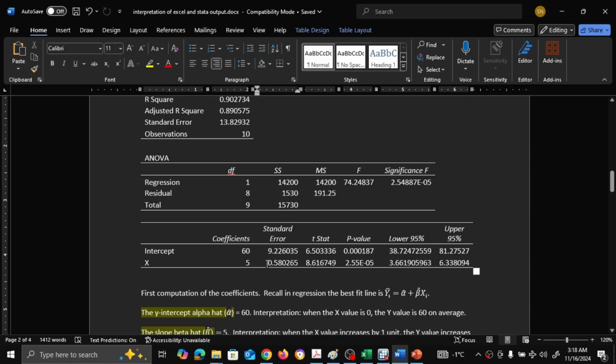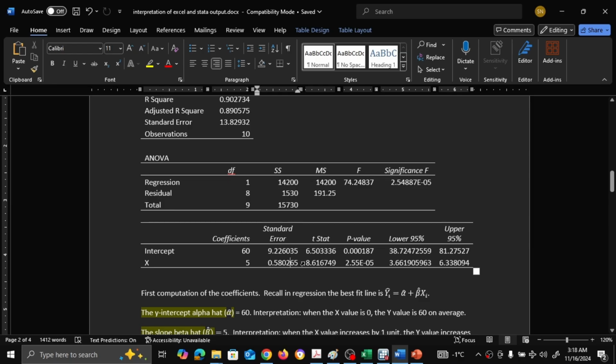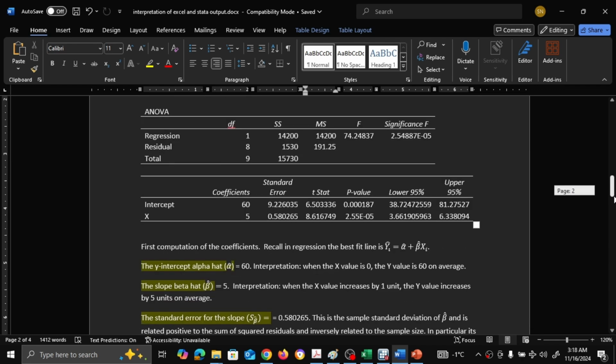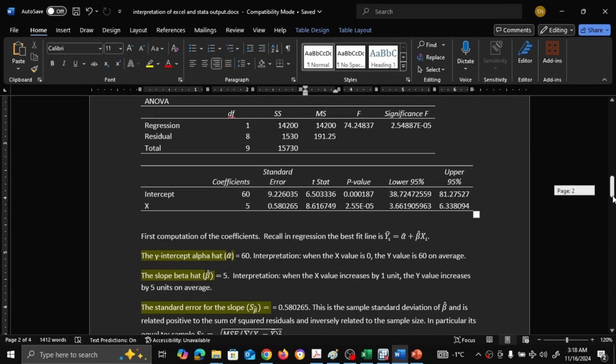Then you just divide the 5 by the standard error, which is 0.58. And it should give you the t value. So you can double check with the calculator, divide this by this, and then you should get the t. Okay? So this is not that hard to do, right? You can do it on your own, but even the program spits out the t for you.